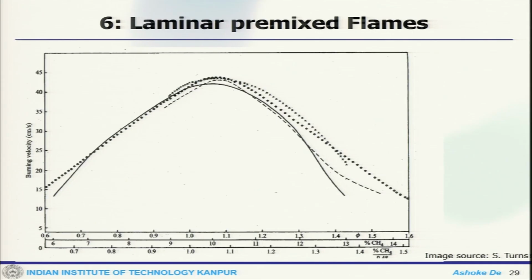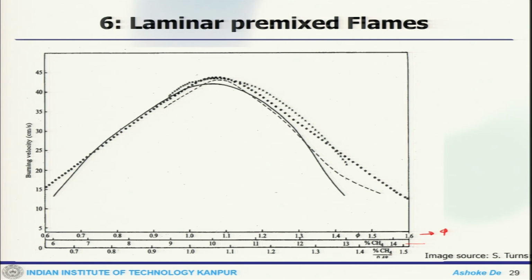At the same time, on this plot the axis is the equivalence ratio phi, this is percentage of methane, and this is normalized burning velocity.